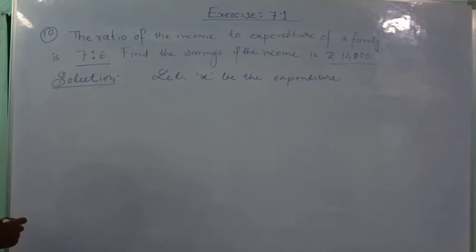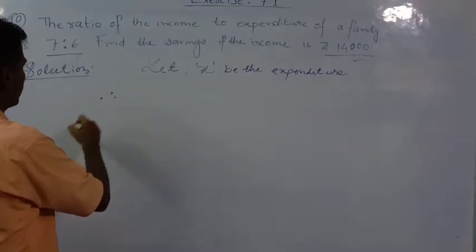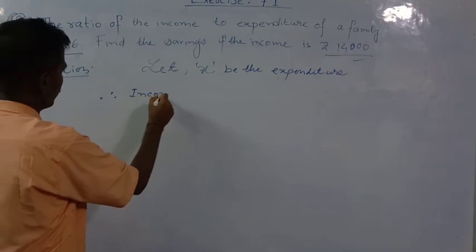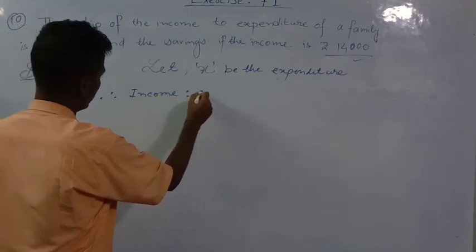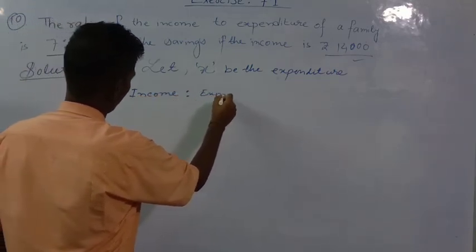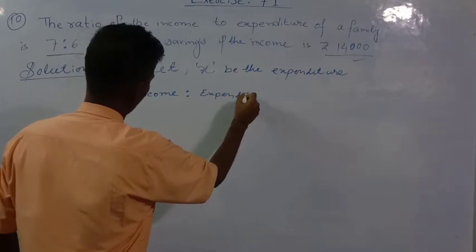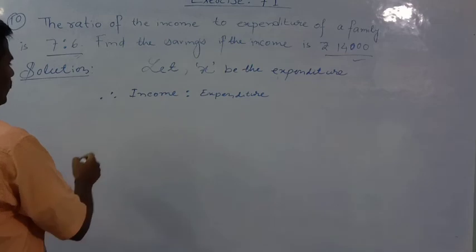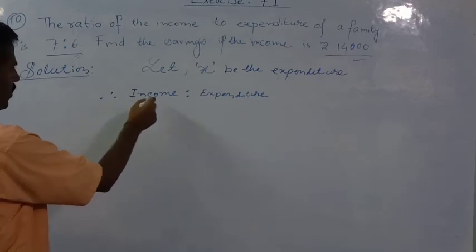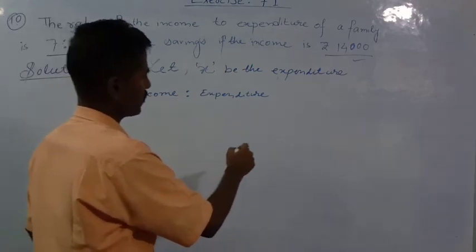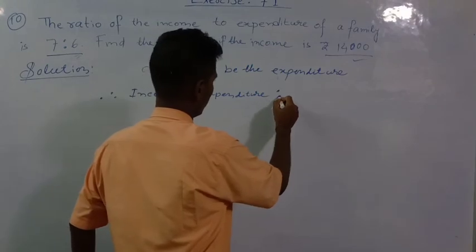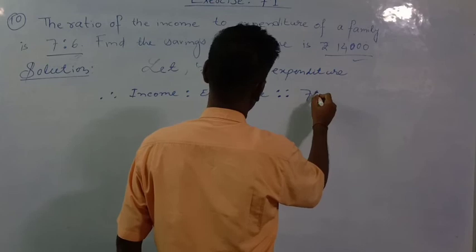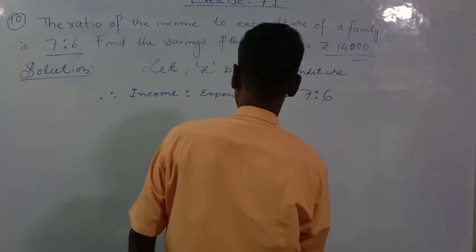Therefore, now see, income is to expenditure is given in the question. As per the question we are writing, income is to expenditure is proportional to 7:6.